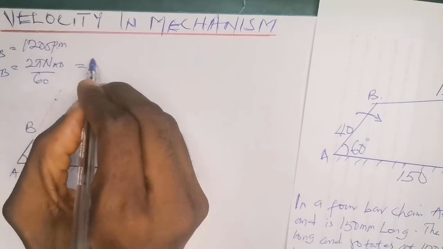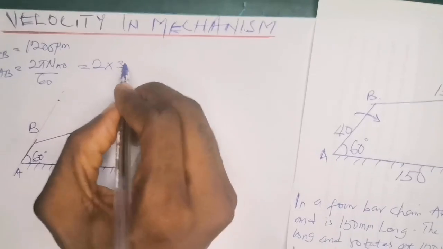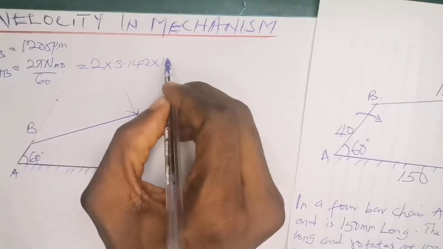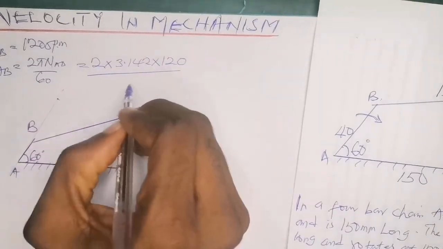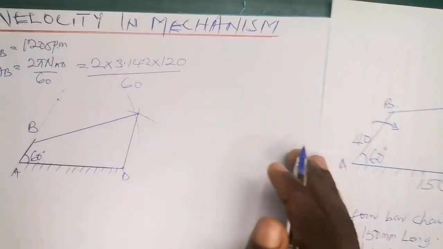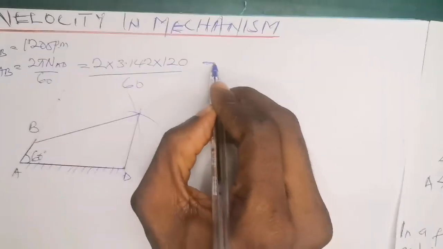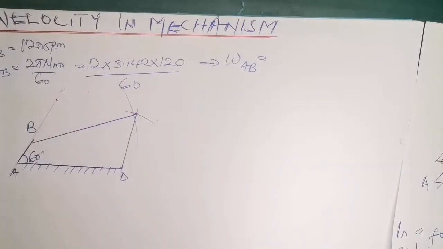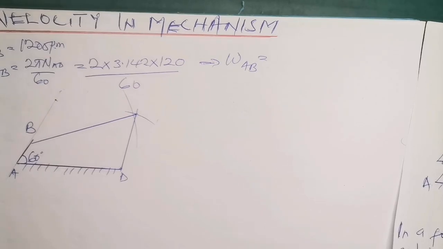So this is 2 times pi, which is 3.142, times NAB, given there as 120 rpm, divided by 60.